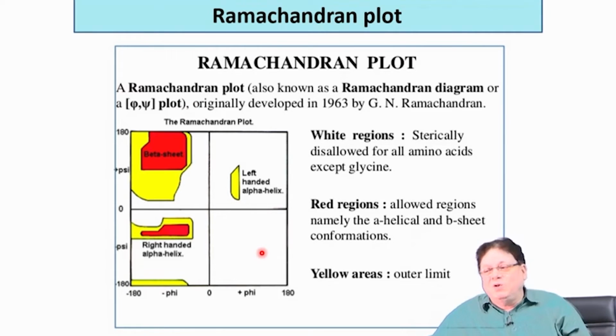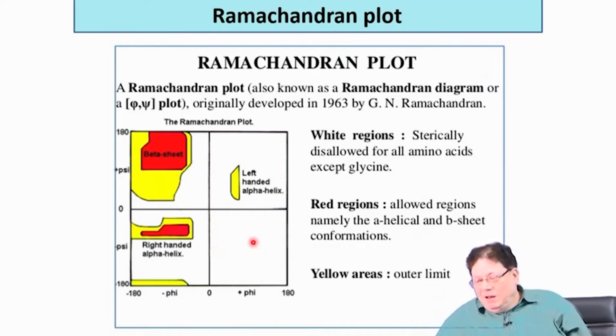Otherwise, that structure will not be accepted as correct. Because if your phi psi angle falls within the white region, there is something wrong. This is a landmark work from an Indian biochemist, G.N. Ramachandran, and in every biochemistry book you will see the Ramachandran plot.